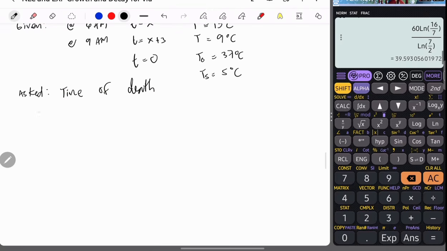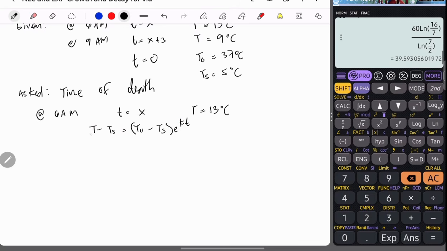So, let's start at 6 a.m. The time is x, and the temperature is 13 degrees Celsius. The formula is T minus Ts equals T sub O minus Ts times e to the kt.